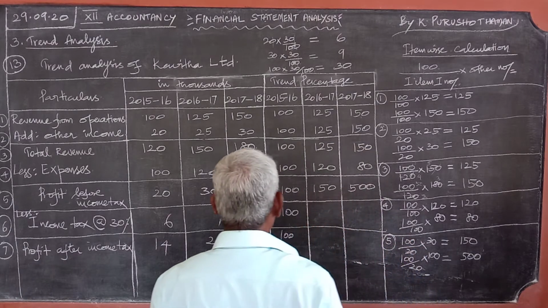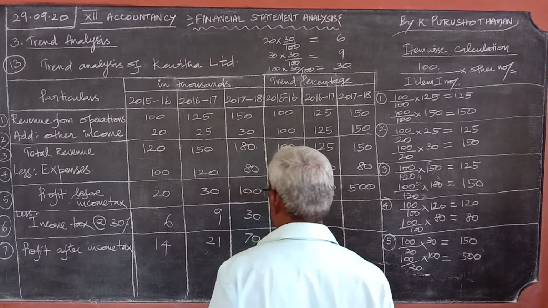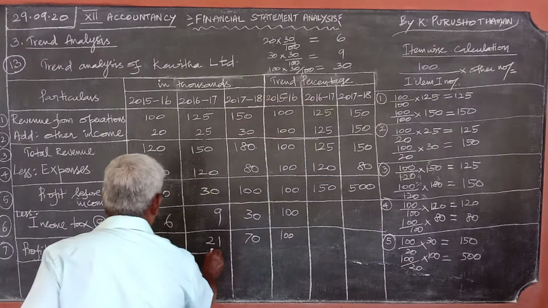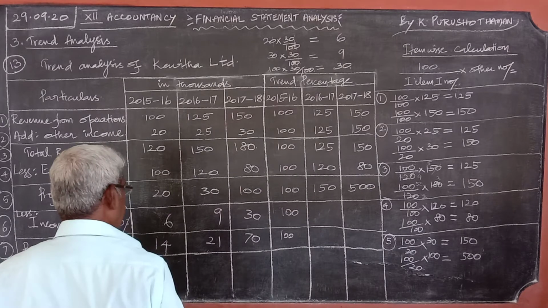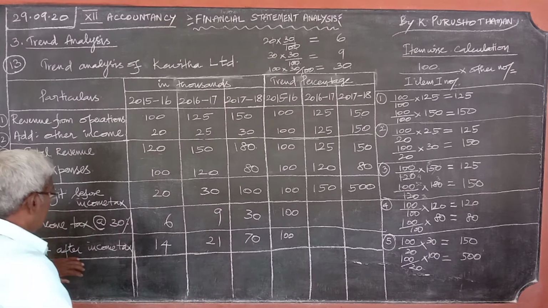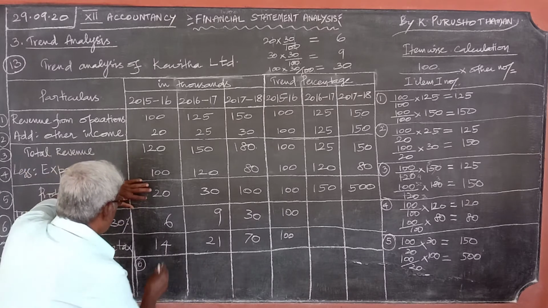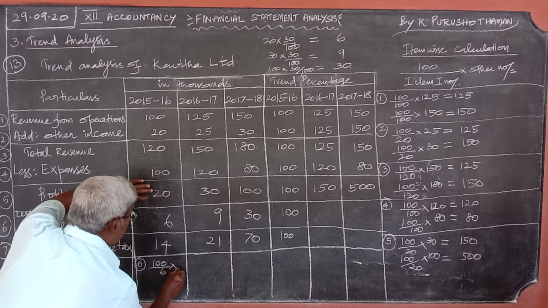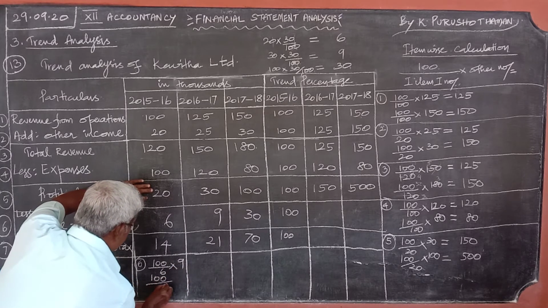Right. Then the next one, income tax. What is the percentage of income tax? For want of space, I shall do the calculations here. 100 by 6 into 9, 100 by 6 into 30.